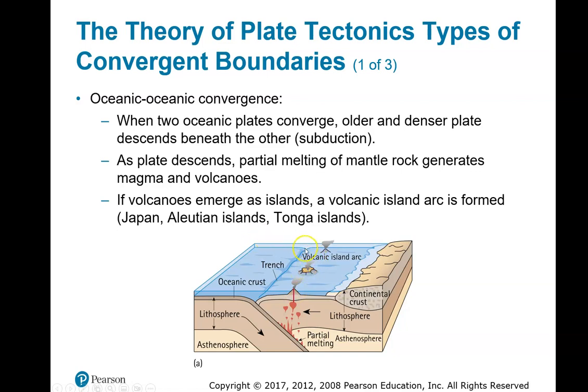One good example of that would be the Hawaiian Islands, but there are other ones, like Japan, which has a whole bunch of islands that are created this way. The Aleutian Islands, the Tongan Islands. There's lots of island chains all over the planet that are created this way, where subduction is taking place.